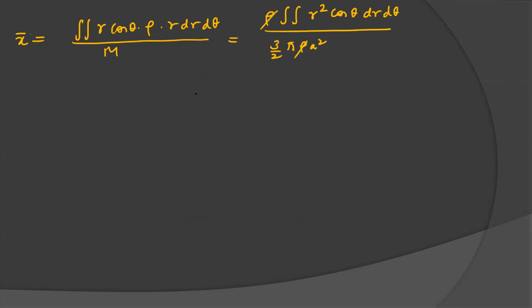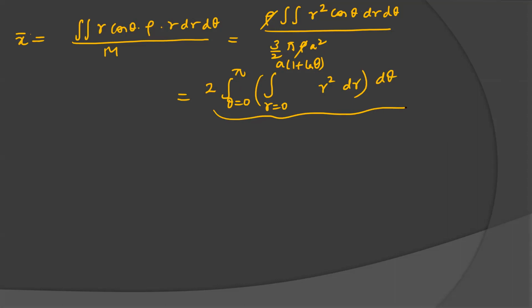So rho is cancelled out. Now you put the limits of r and theta. Theta is 2 times 0 to pi. r is from 0 to a(1 plus cos theta), r square dr d theta over 3 by 2 pi a square. If you calculate it, you will get this equal to 5a by 6.